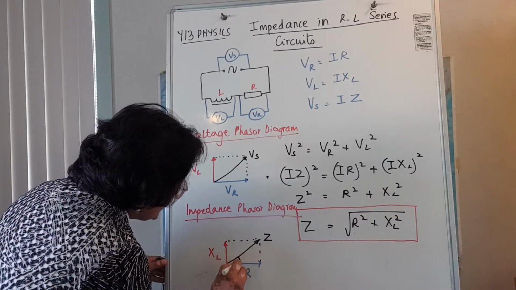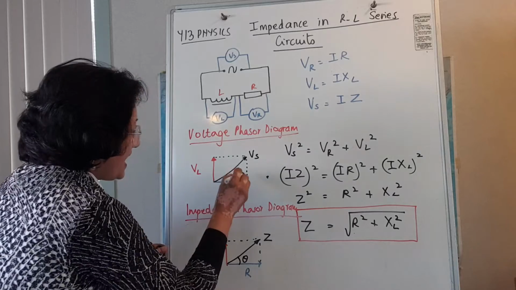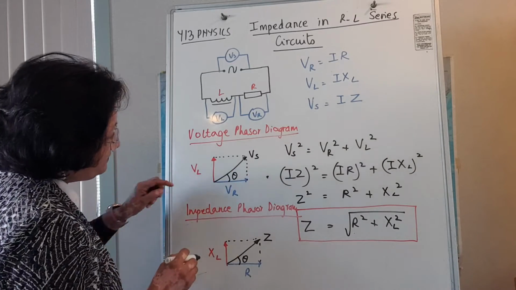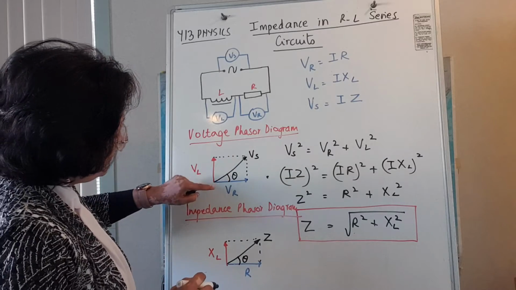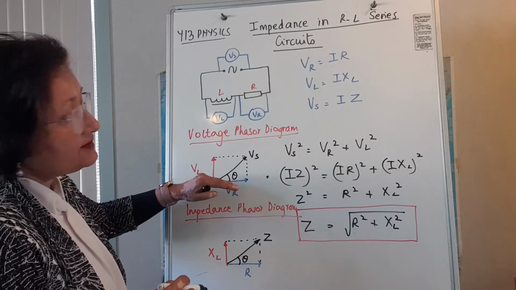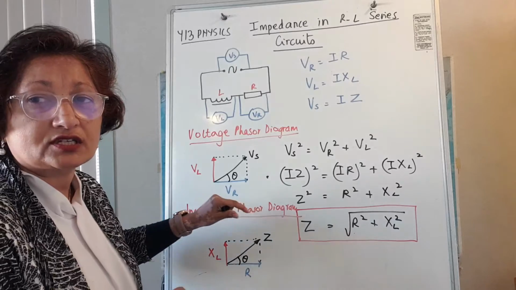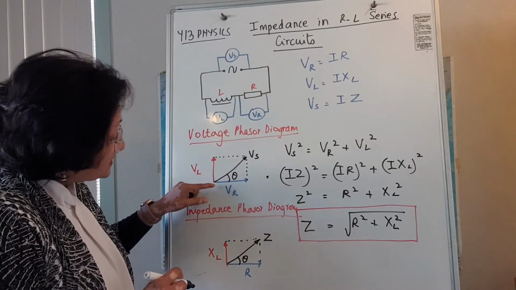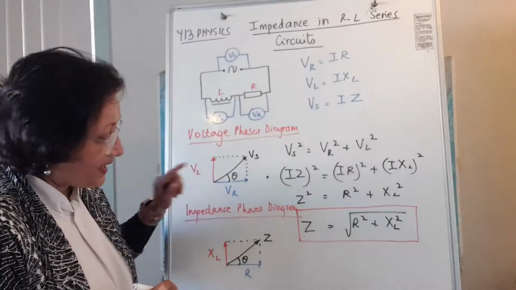Z leads R by theta degrees, and Vs leads Vr by theta degrees. These angles will be the same, and because the current is always in phase with the voltage across the resistor, we can say Vs leads the circuit current by whatever this angle is.